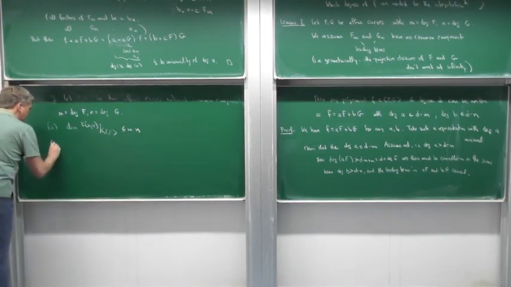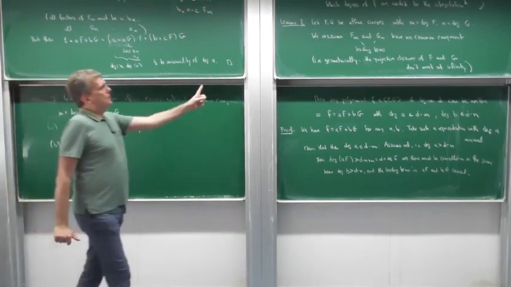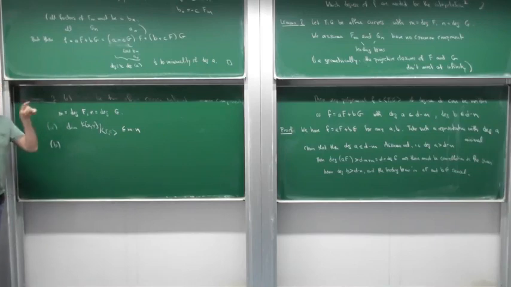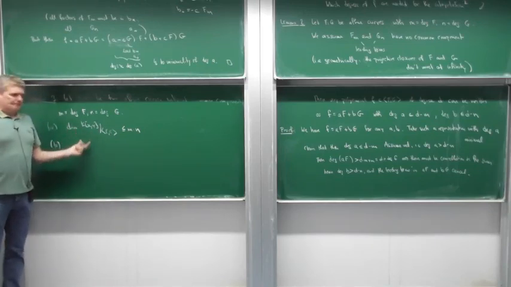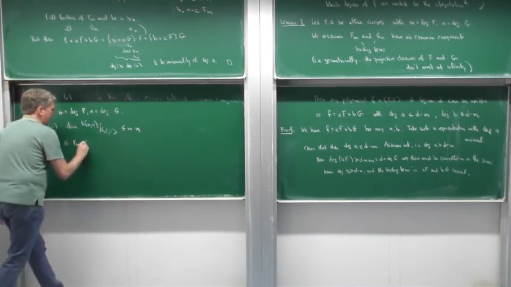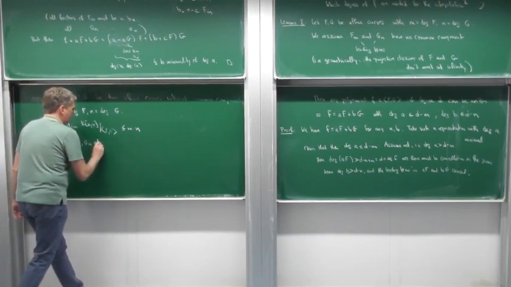And b, if we have the assumption of lemma 2, namely that not just f and g have no common component, but also the leading parts f_m and g_n also have no common component.